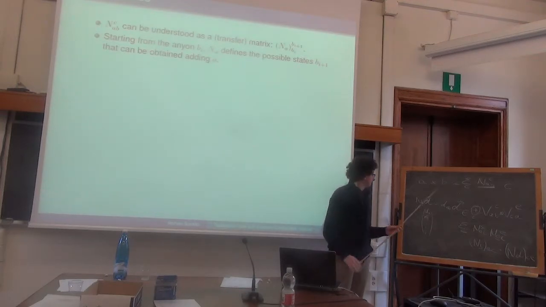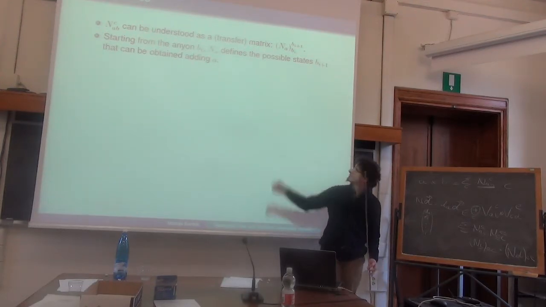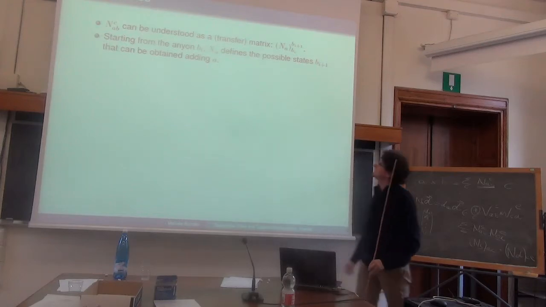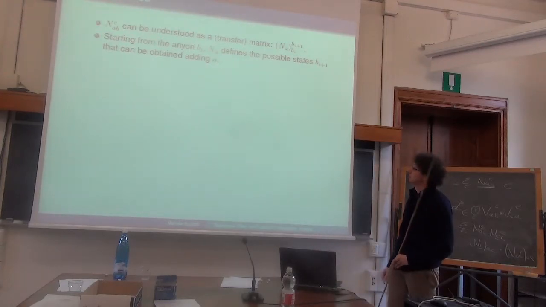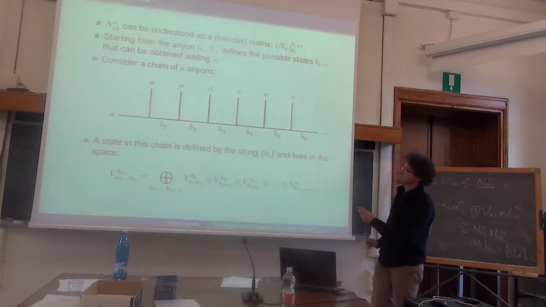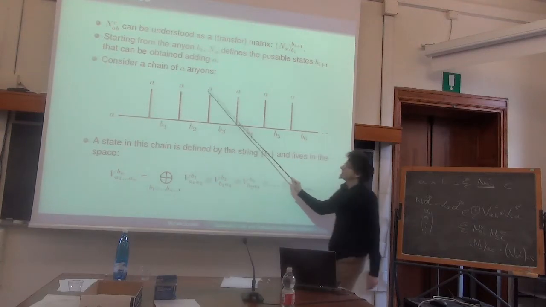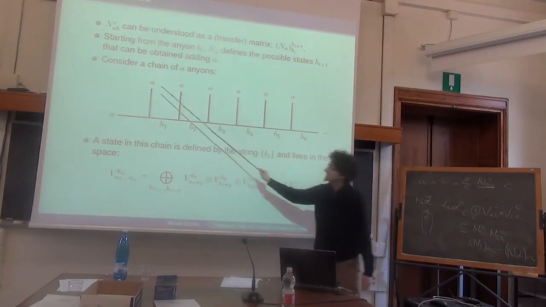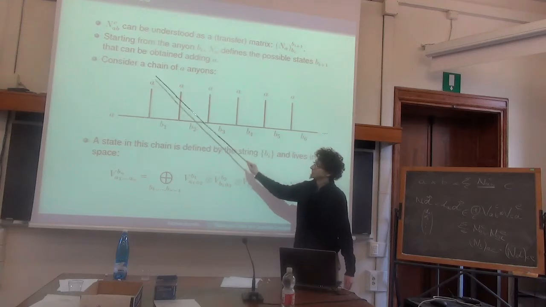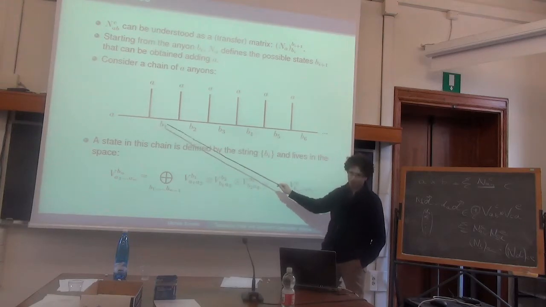So I already told you that these matrices N, A, B, C may be considered also as a sort of transfer matrix. And this means that when I consider this sort of system, let us take a collection of anions A. At each step I fuse: the first step I fuse the first two, and this gives me a total charge for this pair, which is B1.